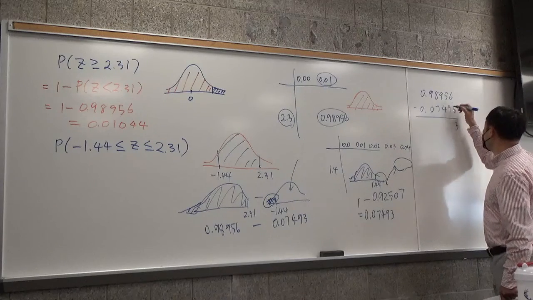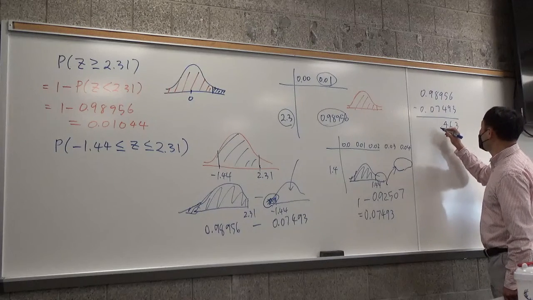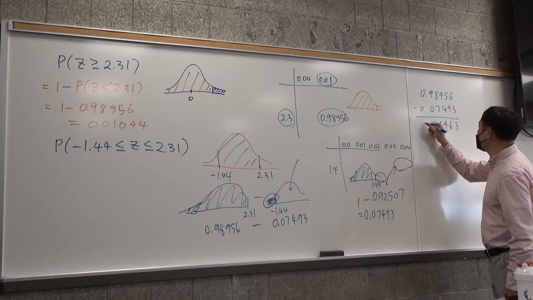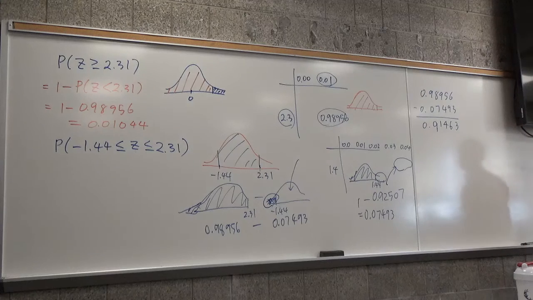Subtract, that's 3. That's 6. What is that? That's 4. And then 1, 9. Okay. So the answer is 0.91463. That's how you get the answer.